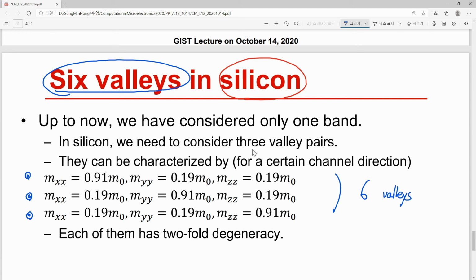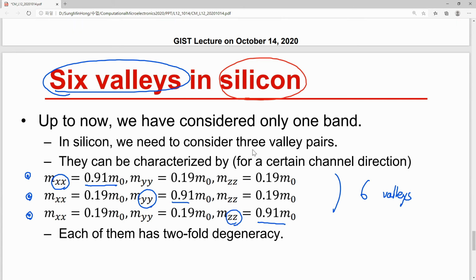Here we have a valley whose x-directional mass is typically large, another whose y-directional mass is large, and another whose z-directional mass is large. If we consider the confinement along the z direction, you can easily understand this.